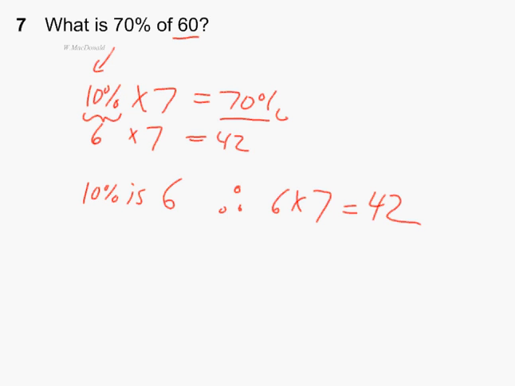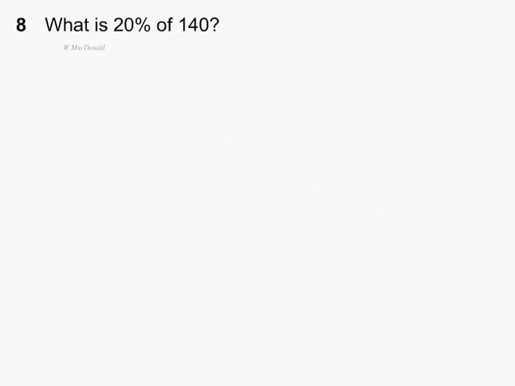Okay. All right, your next question, what is 20% of 140? Strategy would be to find 10% first. 10% doubled will be 20%. Does everyone agree with that? So 10% is 14. So if I double that, I get 28. So what's 20% of 140? It's 28.